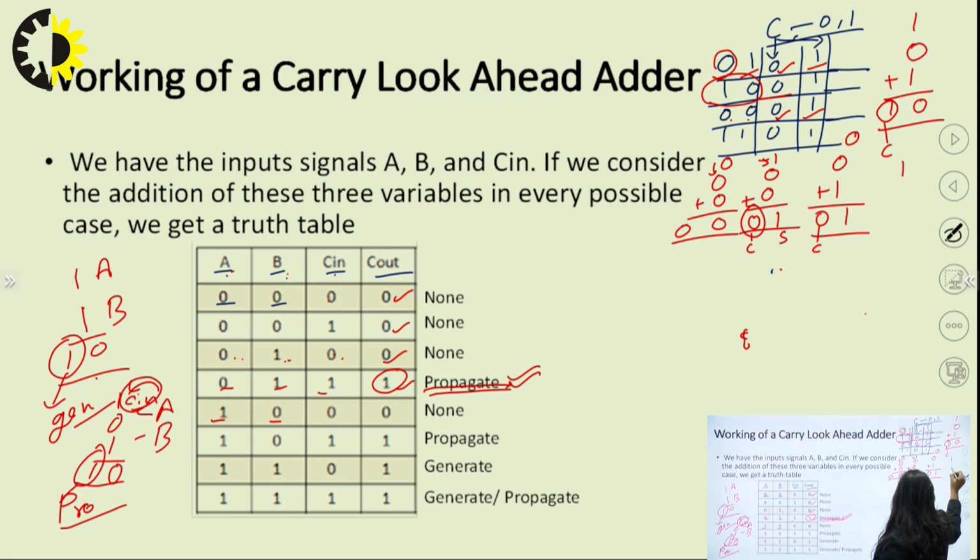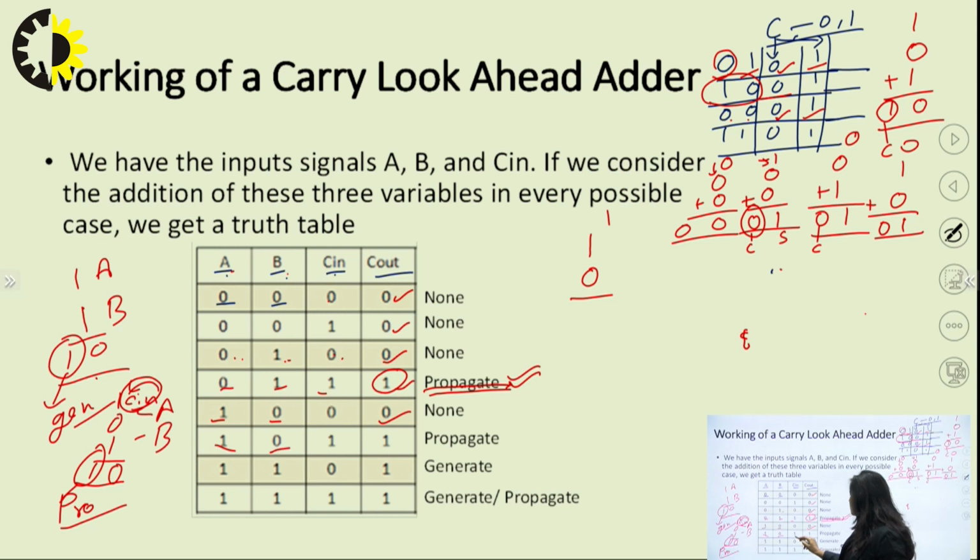Okay, let's add 1, 0 with carry 0. Again, we have 1 in sum and 0 in carry. So no carry. Now we have 1, 0 with 1 carry. So what will be the output? Sum is 0 and carry is 1.